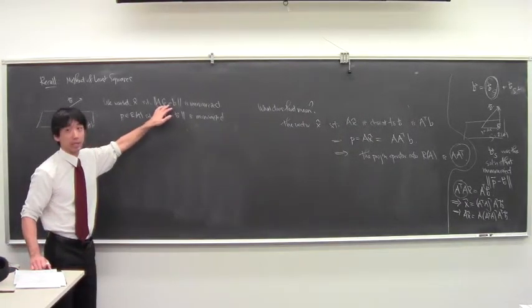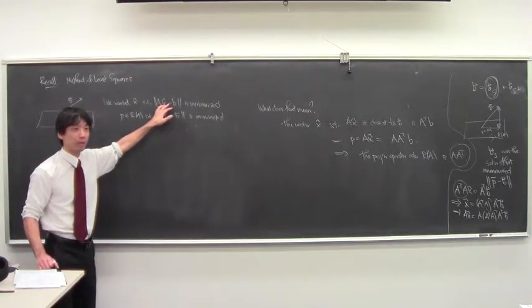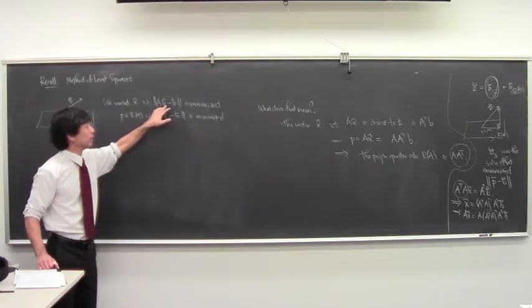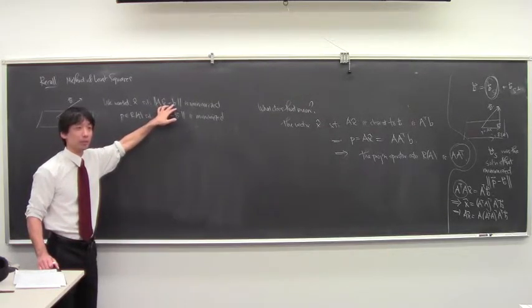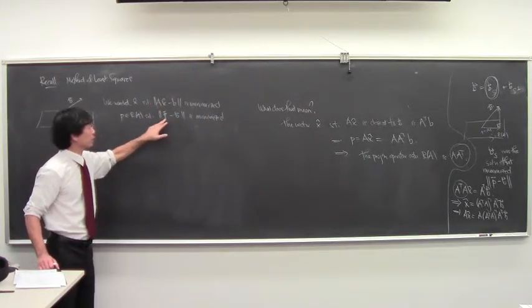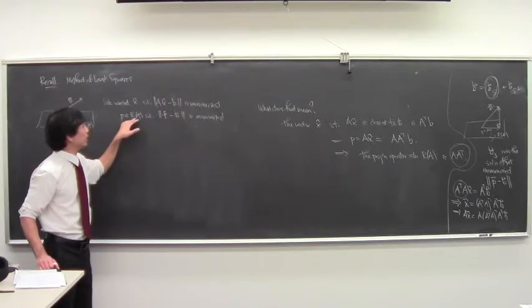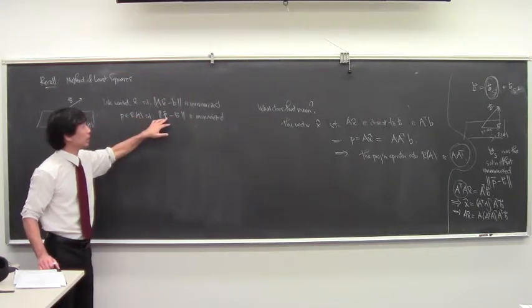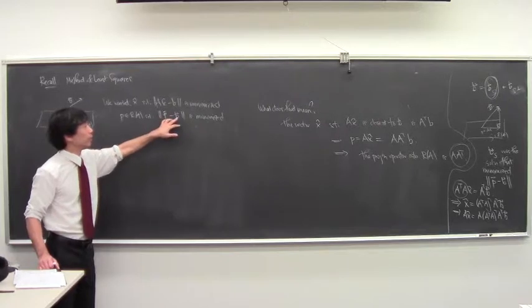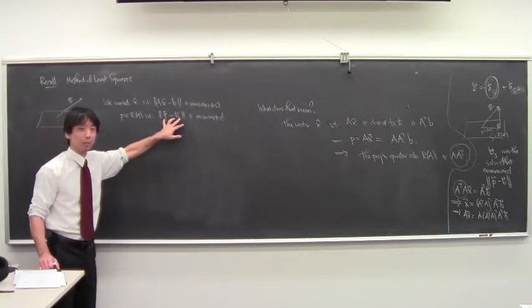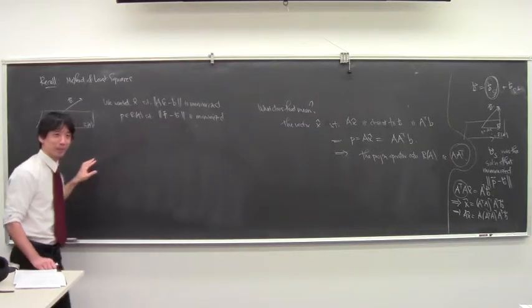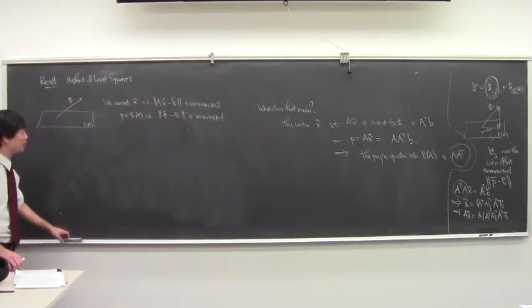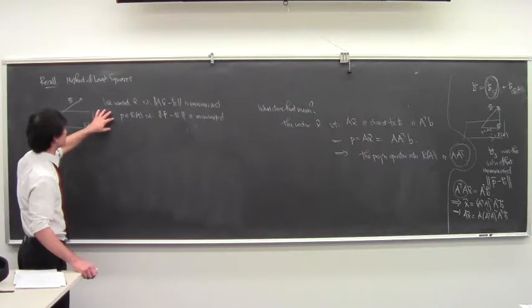We can't find Ax equals B, so we're looking for x such that Ax minus b is as small as possible. In other words, we're looking for some P that is A of something, where the norm of P minus B is minimized. Okay, that was the problem. You all were there, I hope.